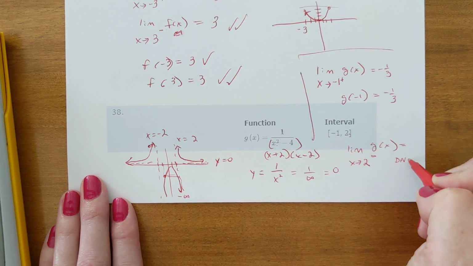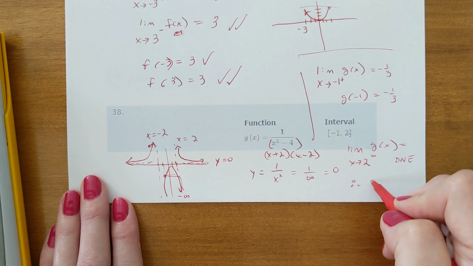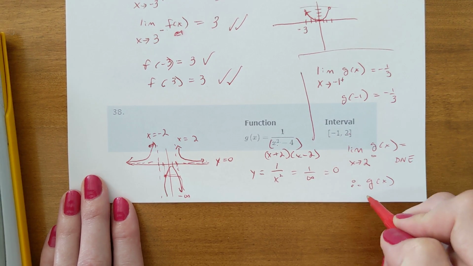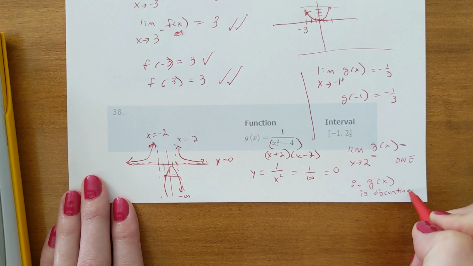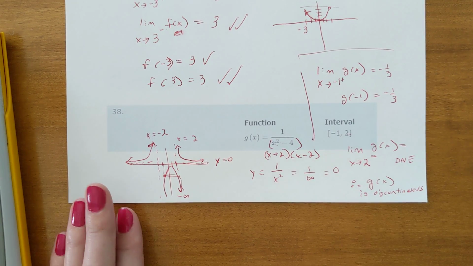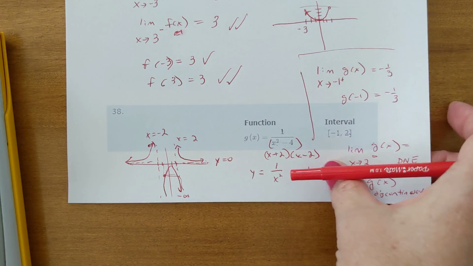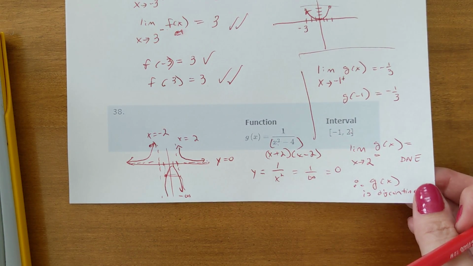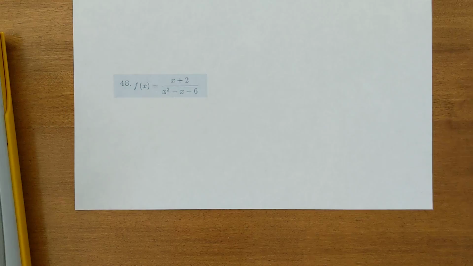So it doesn't really exist. Therefore, the graph is discontinuous. So g of x is discontinuous, and you could say at that point 2. They were asking about the closed interval. The closed interval is not continuous.